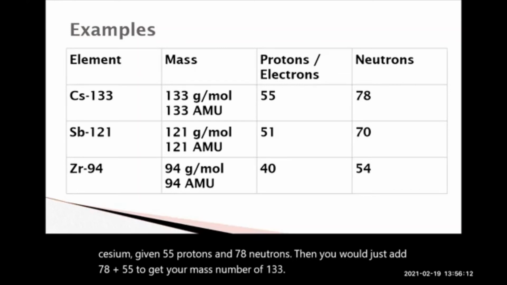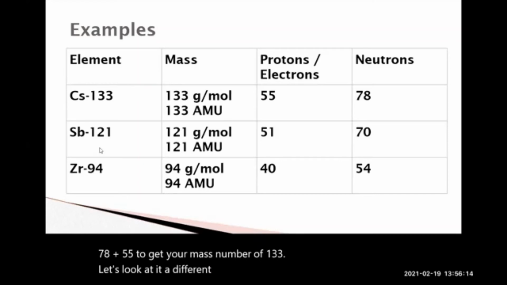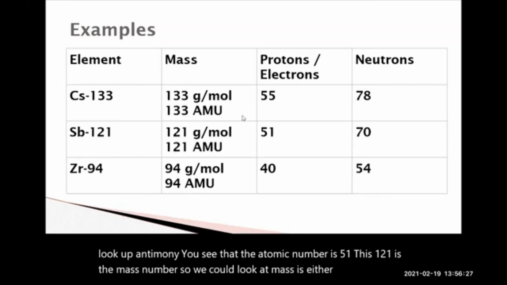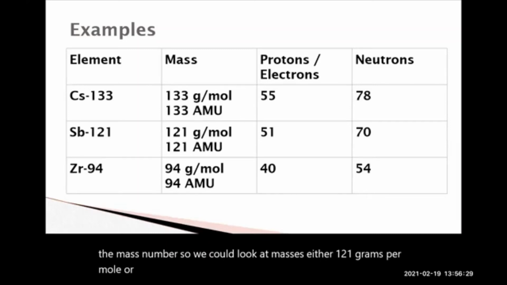Let's look at it a different way. Sb-121. Sb is short for antimony. Look up antimony, you see that the atomic number is 51. This 121 is the mass number. So we could look at mass as either 121 grams per mole or 121 AMU.